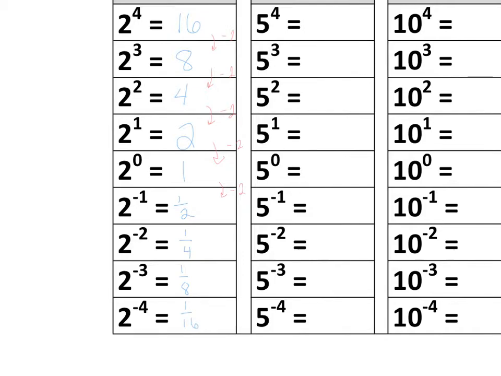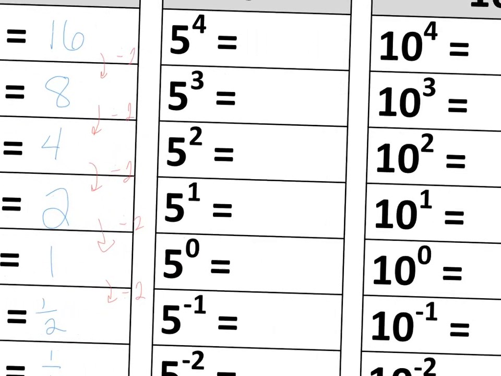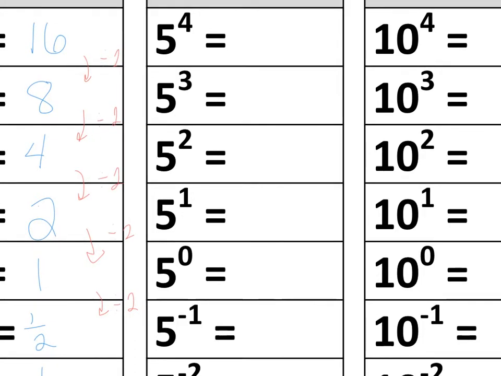Moving on to base 5, we note that 5 to the 4th is 5 times 5 times 5 times 5, which happens to be 625. 5 to the 3rd is 125. 5 squared is 25. 5 to the 1st is 5.